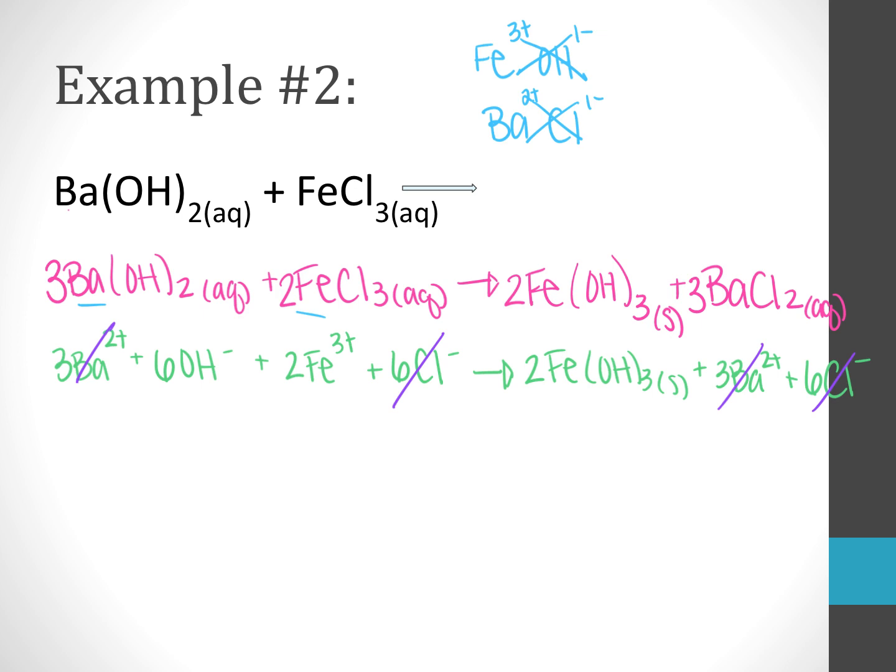So then now I'm just going to rewrite my equation with everything that didn't get crossed out. So our 6 hydroxides plus our 2 iron ions is going to give us 2 iron 3 hydroxides.